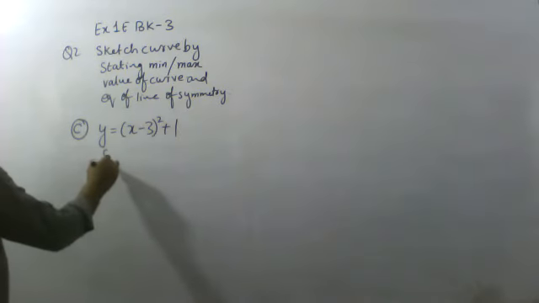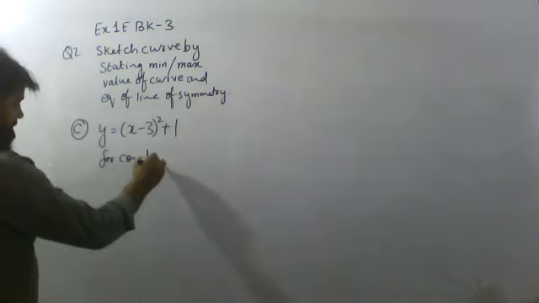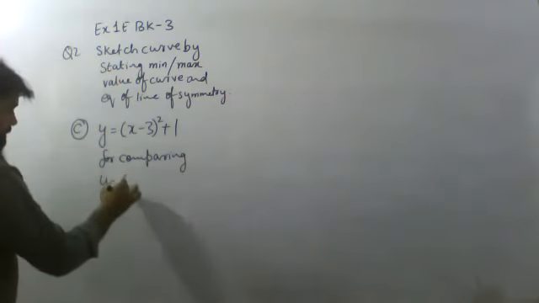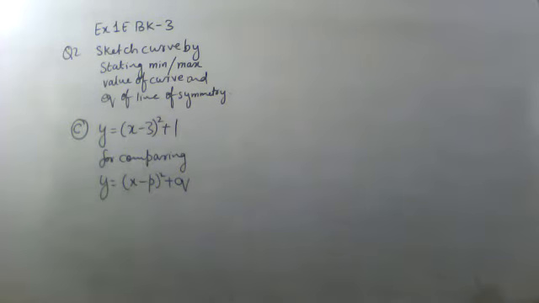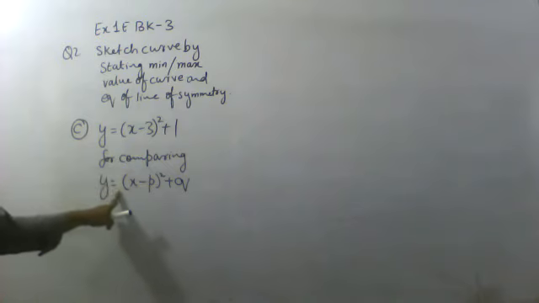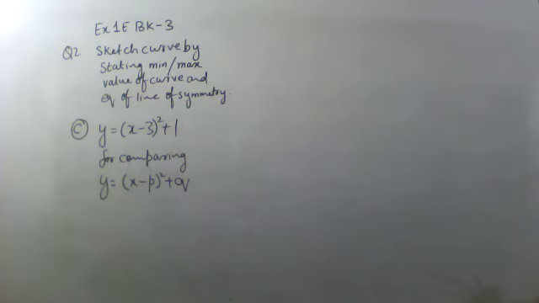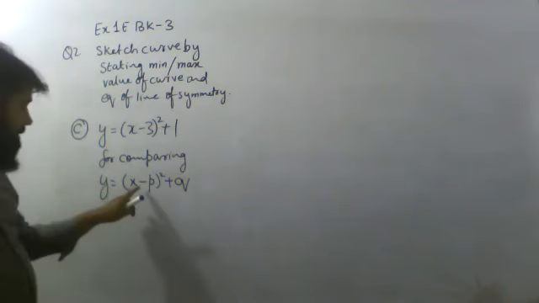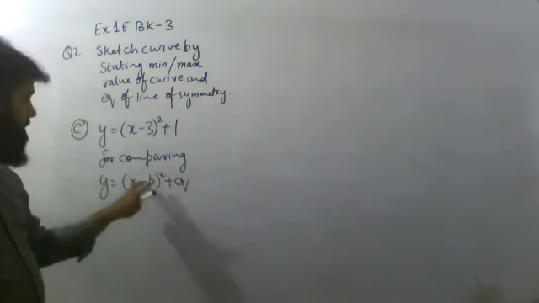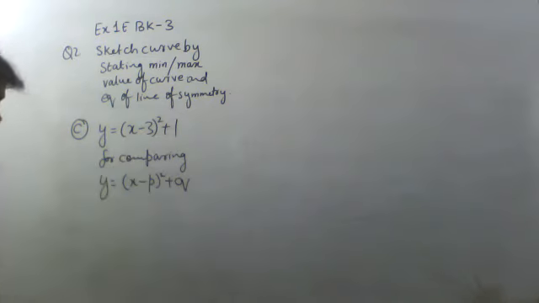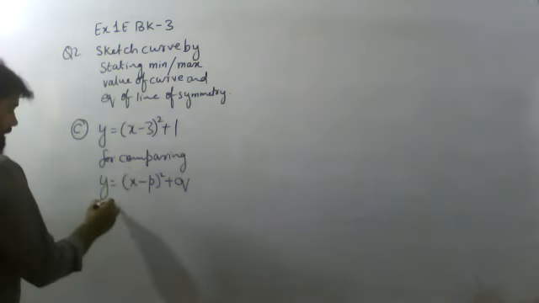For comparing, I will have y equals (x minus p) whole squared plus q. There is a positive sign, so I will be using positive one. Doing the comparison, inside the bracket I have minus p, and over here it is minus 3.